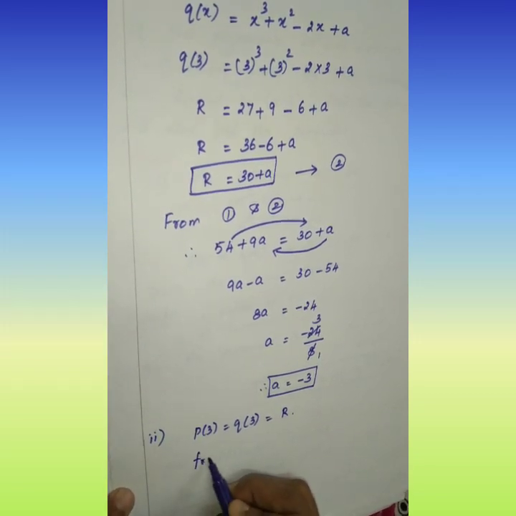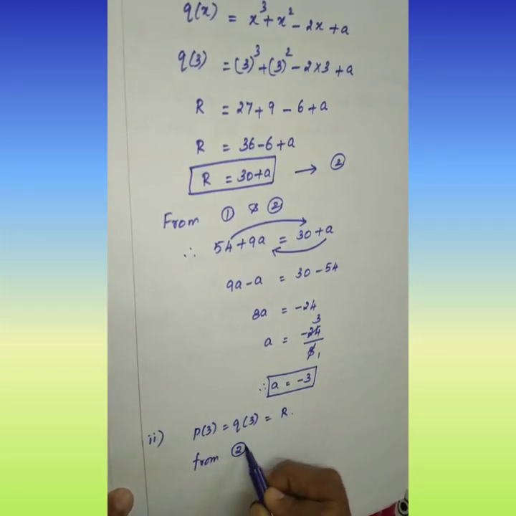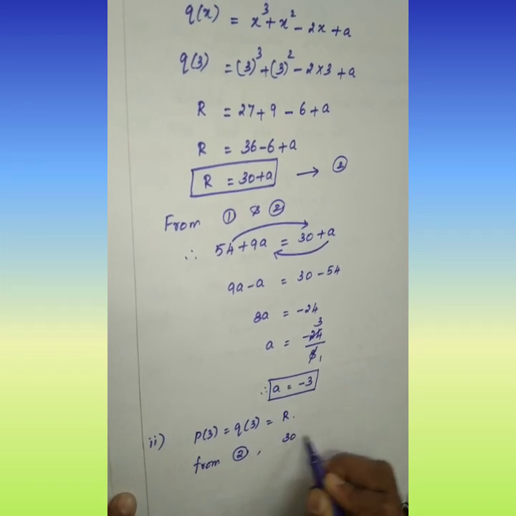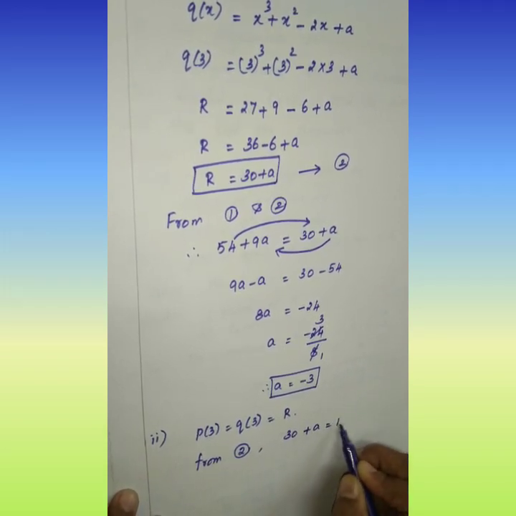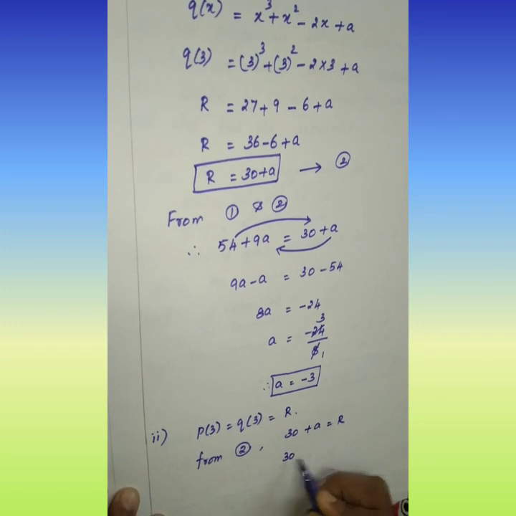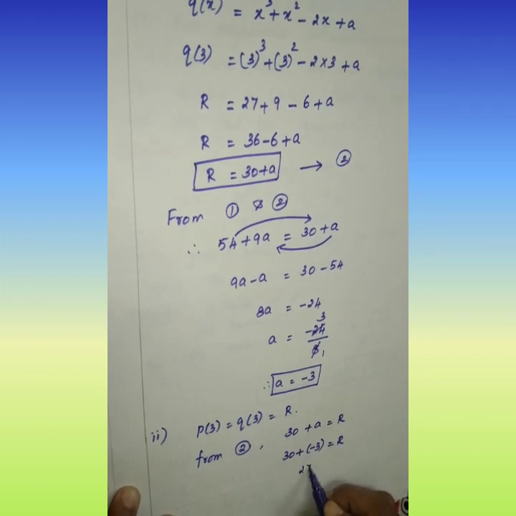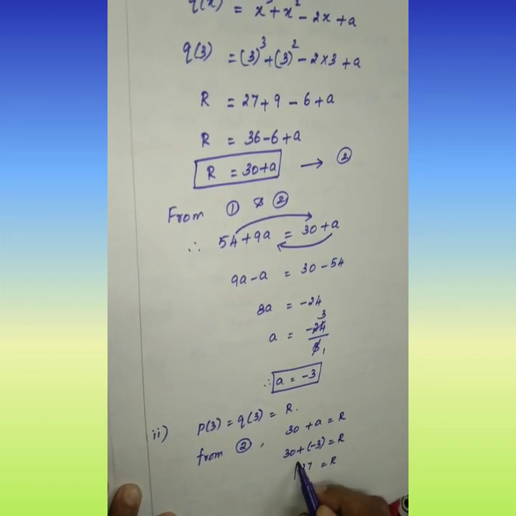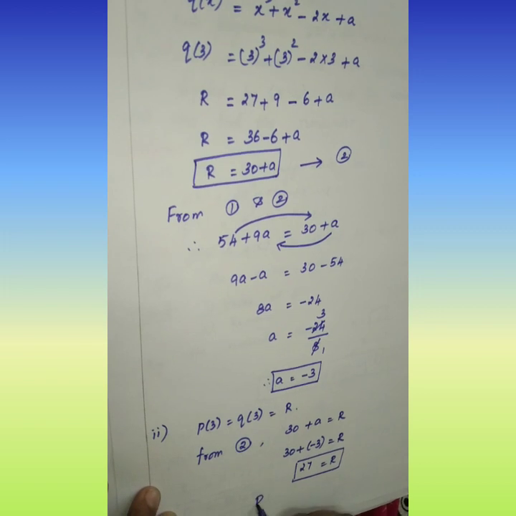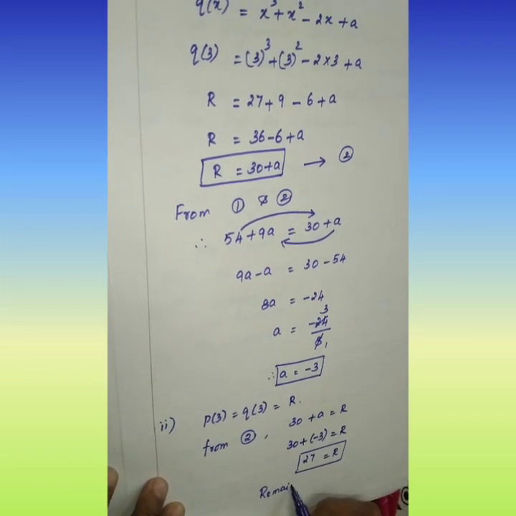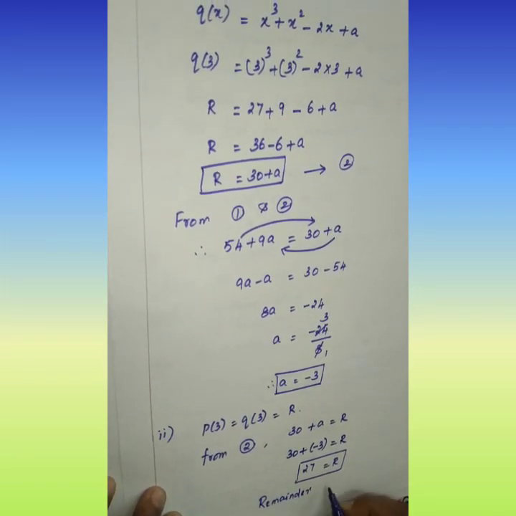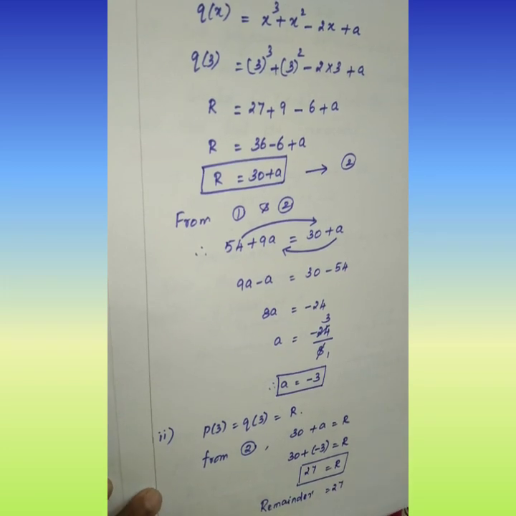So from second equation, 30 plus a equal to R. So 30, a value is minus 3 equal to R. So 30 minus 3 is 27 equal to R. Therefore the remainder is 27.